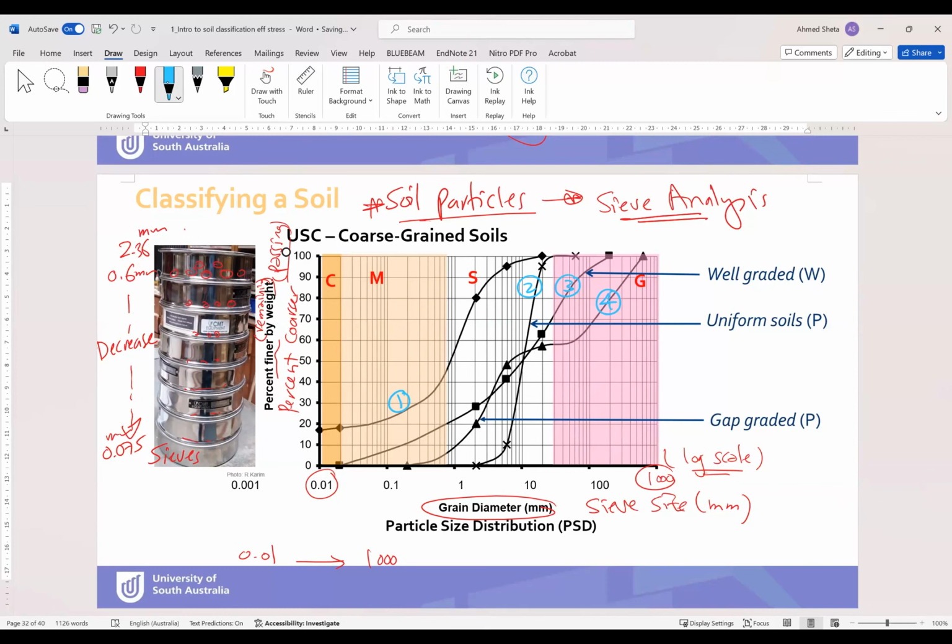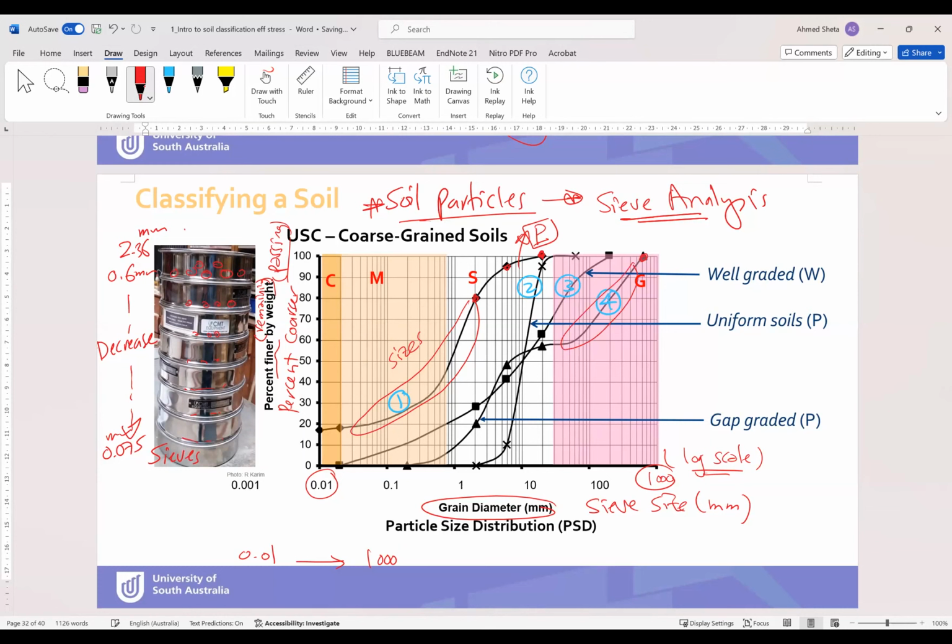If we look here, for example, number 1, we have some particles on this side, some particles on this side, some particles on this side, but all this area, we don't have any sizes. So this is a poorly graded curve or a poorly graded soil. Number 4 as well, we have only here, all this area we don't have.